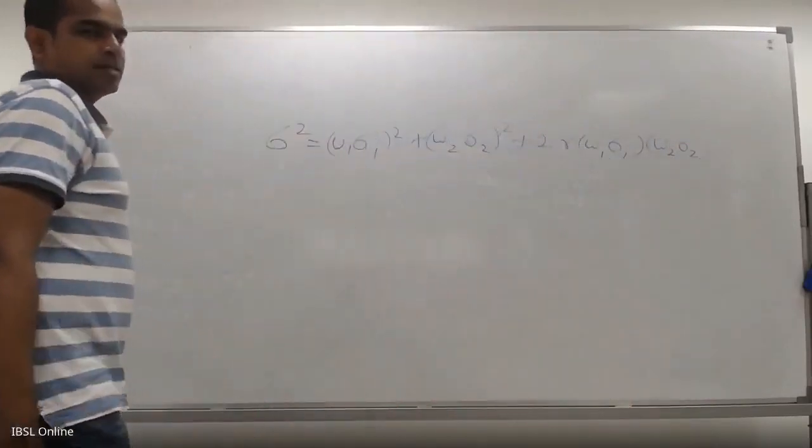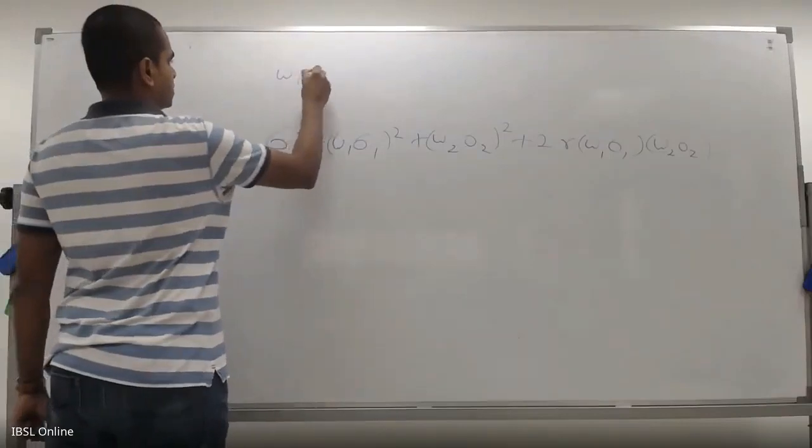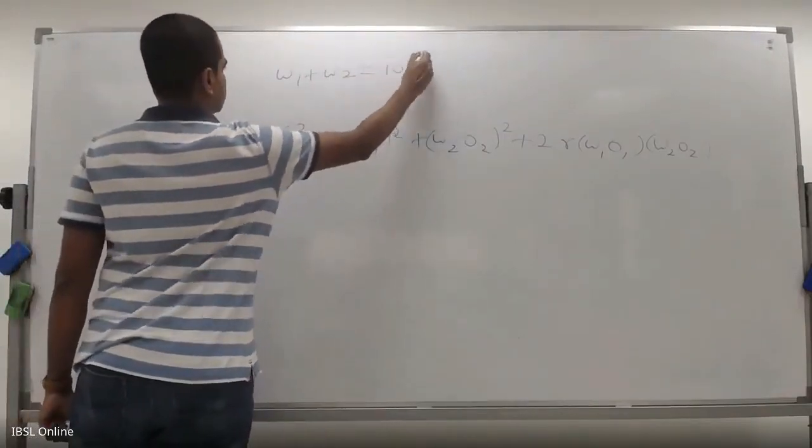So W is the weight of each asset. You add W1 plus W2 is 100%.